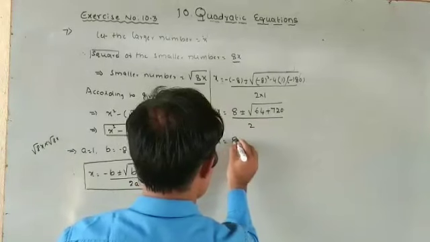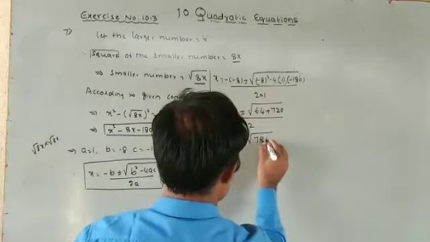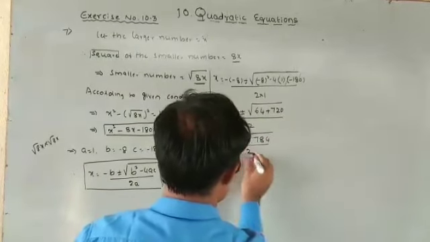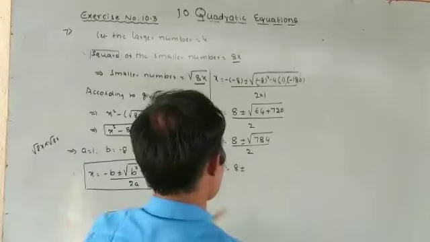Therefore x is equal to 8 plus or minus root of 784, divided by 2.